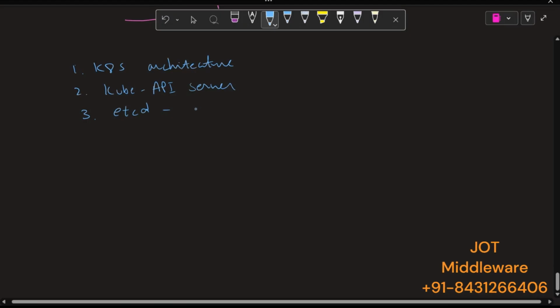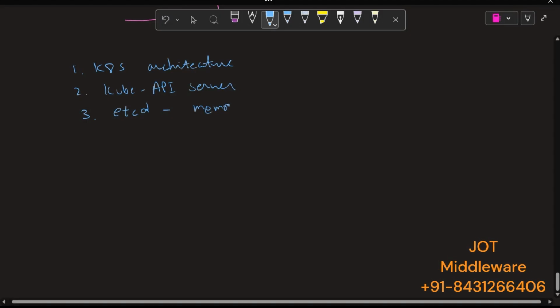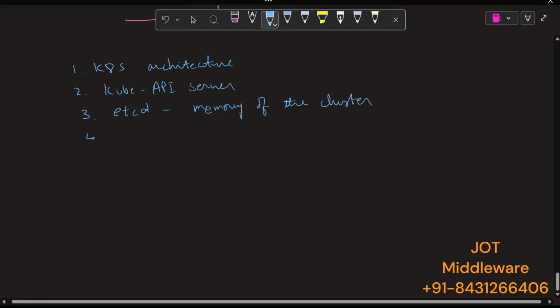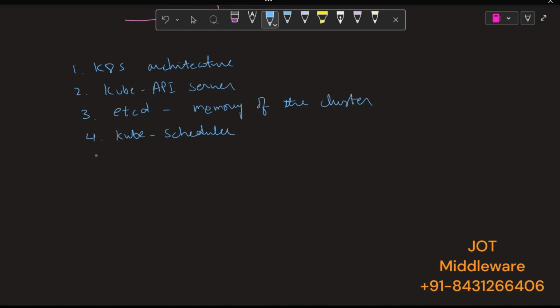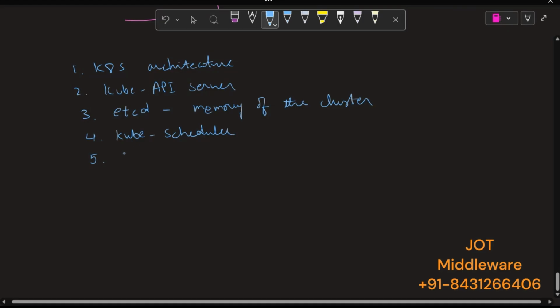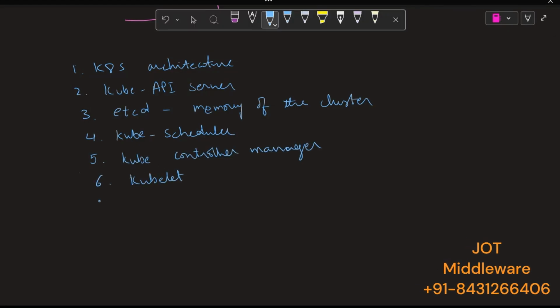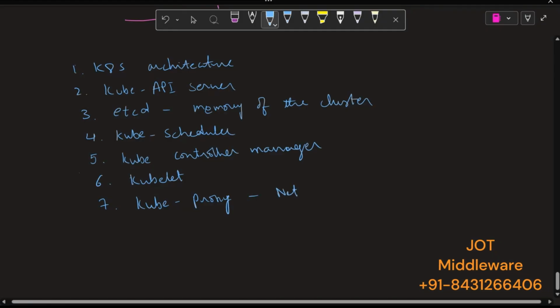It is the brain of the cluster, it stores everything, the memory of the cluster. Number four, Kube scheduler. Number five, Kube controller manager. Number six, kubelet. Number seven, Kube proxy. So this is for networking.